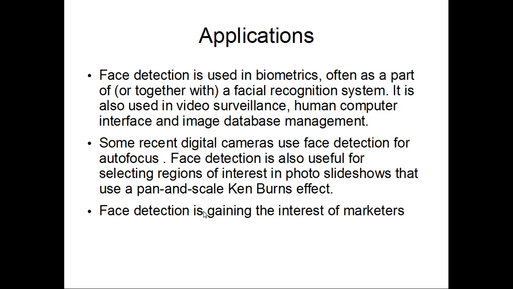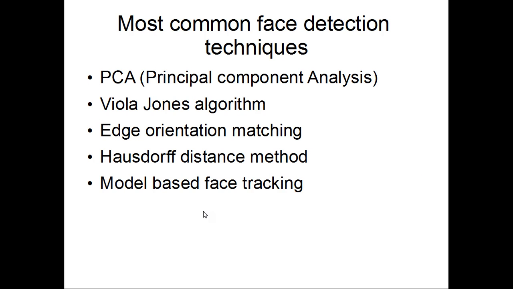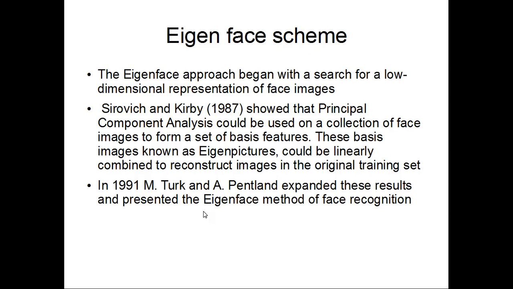Face detection has also gained a lot of interest from telemarketers, who use it for various marketing purposes. When we come to different techniques used to perform face detection, we come across a few which I'm mentioning here: principal component analysis, the Viola-Jones algorithm, edge orientation matching, Hausdorff distance method, and model-based face tracking.